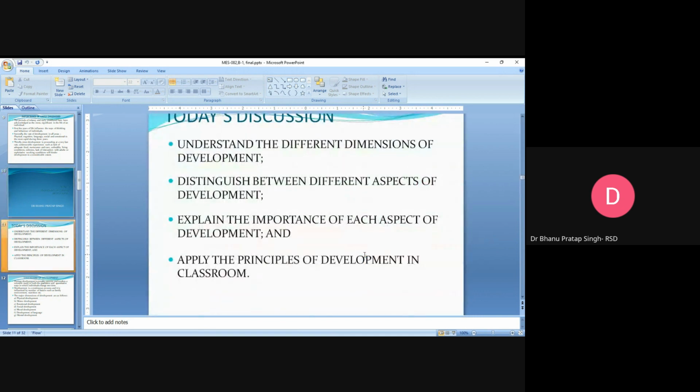In this second unit, we will discuss the different dimensions of development, distinguish between different aspects of development, explain the importance of each aspect of development, and apply the principles of development in the classroom. So unit 2 is related to human development.